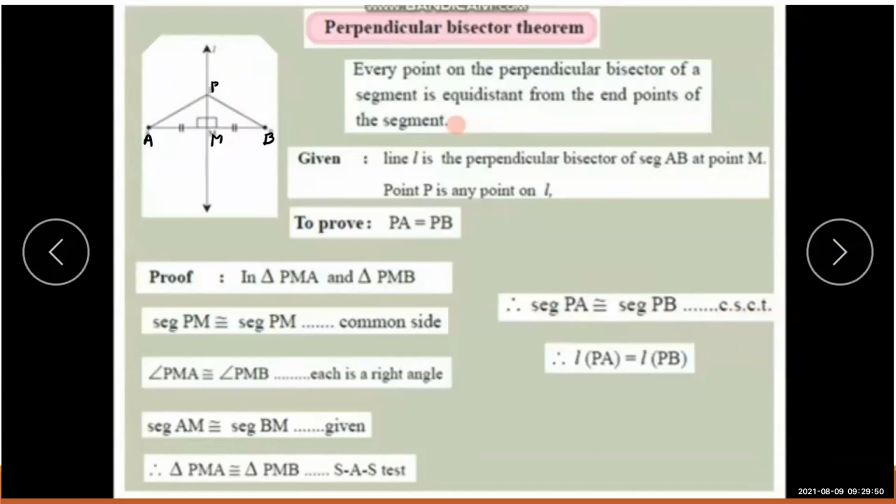As those are congruent to each other, their lengths are also equal. So length PA equals length PB. That means PA equals PB.